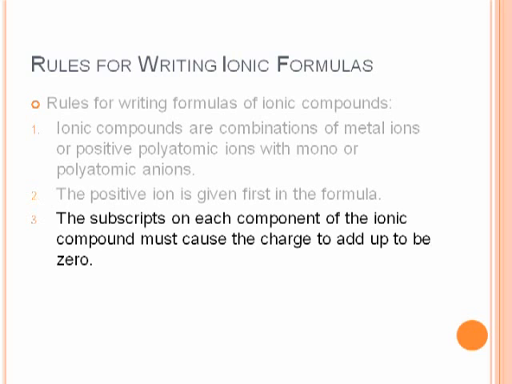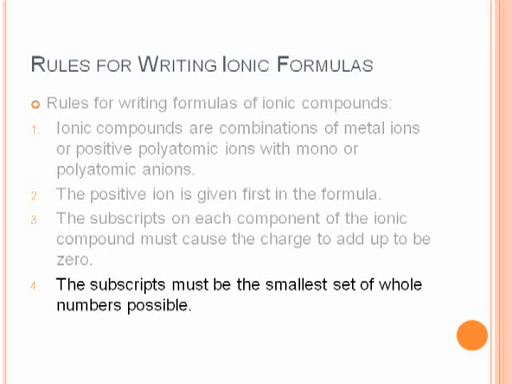Then we're going to add subscripts on these ions so that the net charge for the compound is 0. We want the charges to cancel. And since you can have more than one set of subscripts that yields a net 0 charge, we want the smallest set of whole numbers possible. It can't be fractions or decimals, but whole numbers.